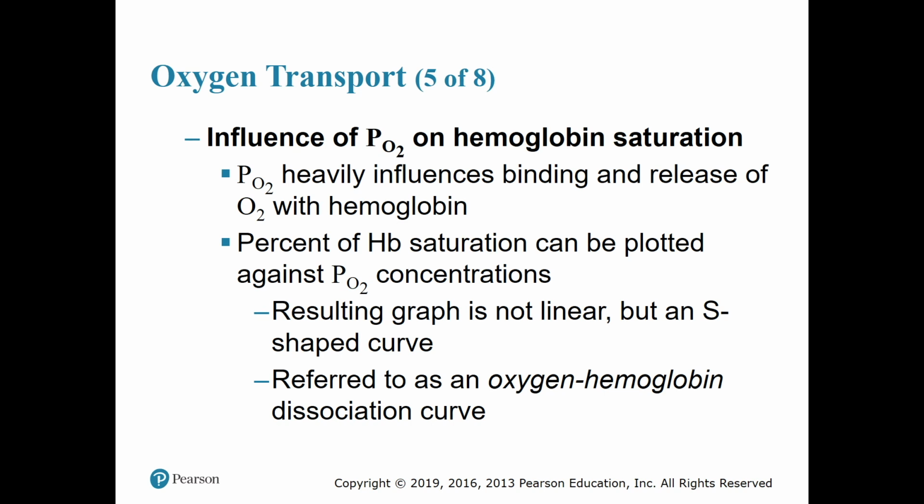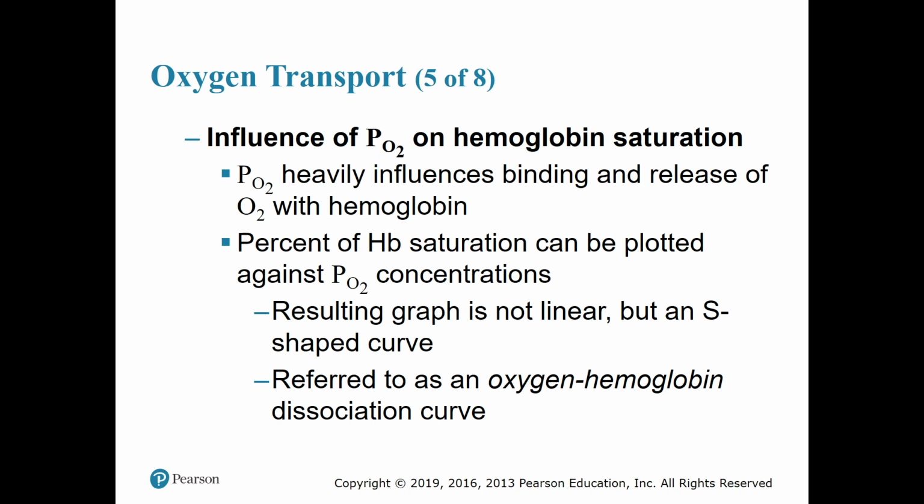Just a reminder, we learned that hemoglobin is a protein and that the shape and functional properties of a protein change in response to changes in its environment. And hemoglobin, of course, is no exception. Any changes in shape that occur can affect oxygen binding. So the partial pressure of oxygen is one of those important environmental factors that affect hemoglobin.